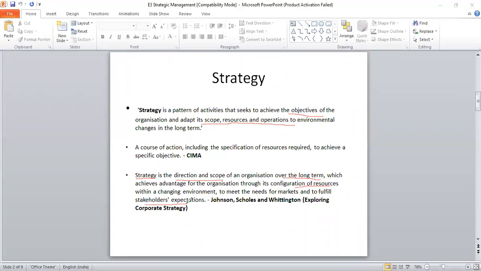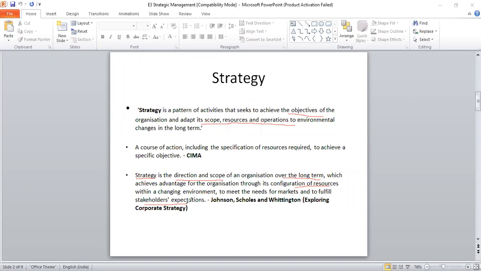So to achieve the objectives, how would they utilize their resources? How do they adapt to the changing environment? How do they meet the expectations or needs of the market and fulfill the stakeholders' expectations? What course of action would be taken in the long run to achieve the objectives by way of resource utilization, adapting to the changing environment, meeting the market demand, and fulfilling the stakeholders' expectations.